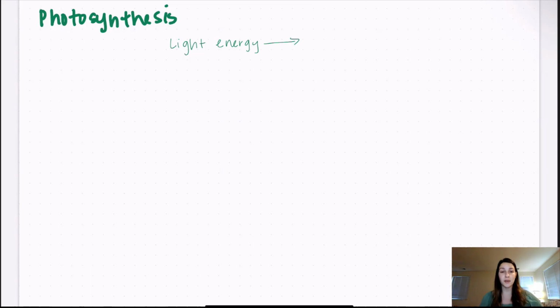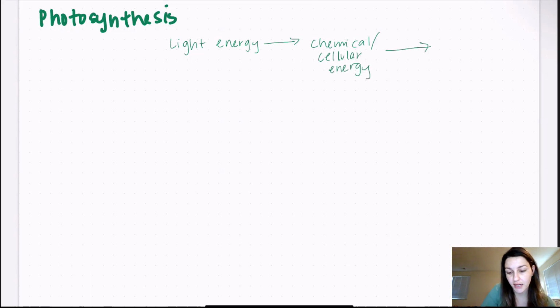We can make it into chemical energy, or cellular energy, and that chemical energy can then be used to make things like sugars, resulting in a sugar like glucose, or one of its cousins, glucose or cellulose or any of those. That's photosynthesis, light from the sun.